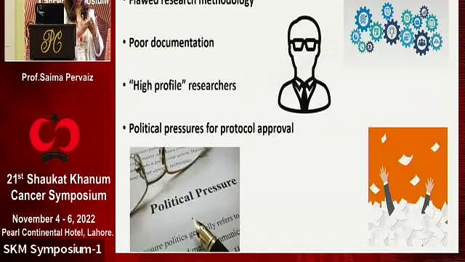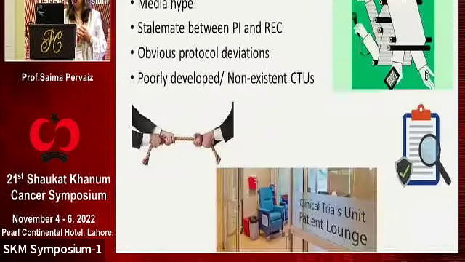So they were given way too much media coverage than what was desired. And because of that, they also enjoyed a certain political clout, which they tried to use to force the NBC REC to approve their researches, despite them being flawed. So that is another pressure that we had to face as a committee.